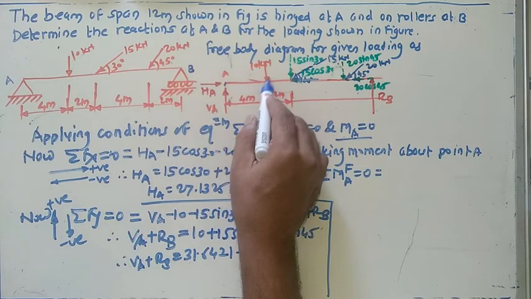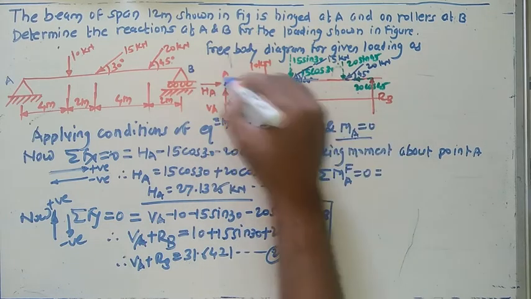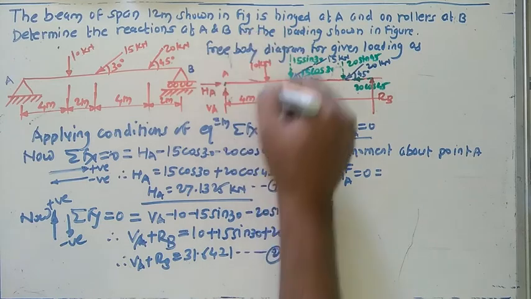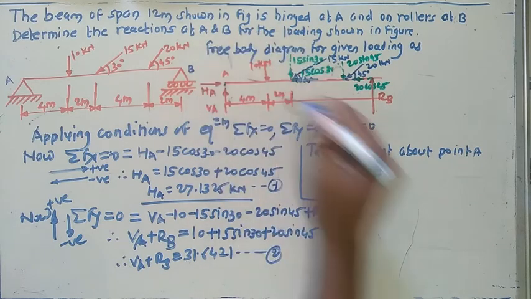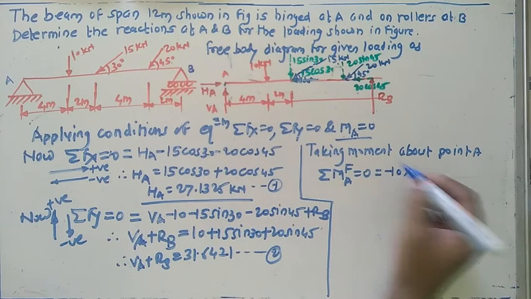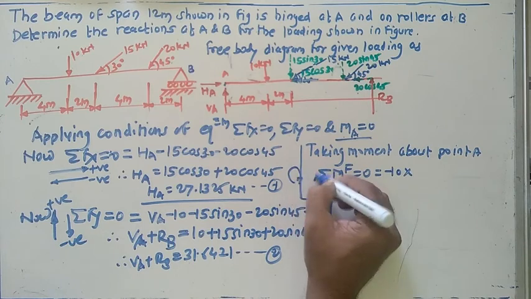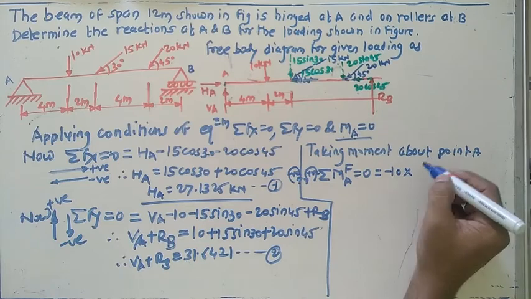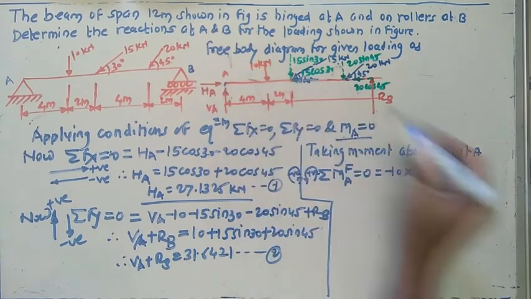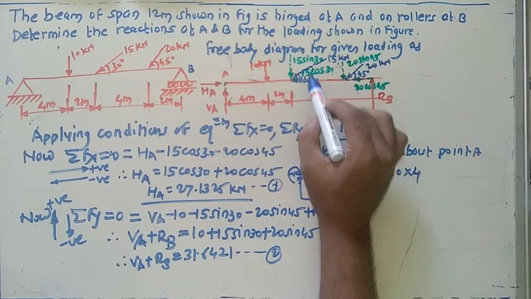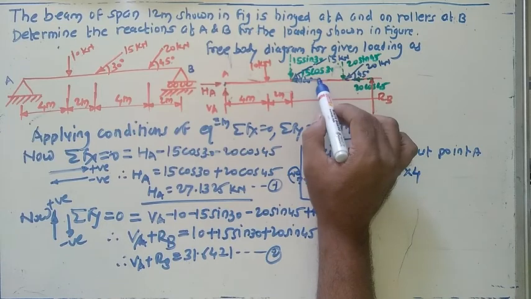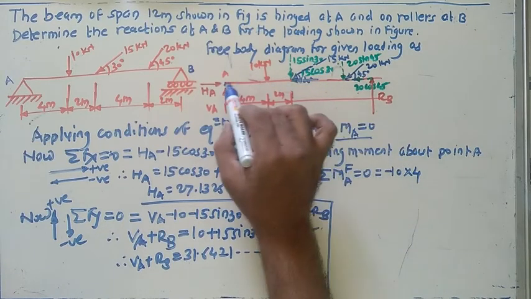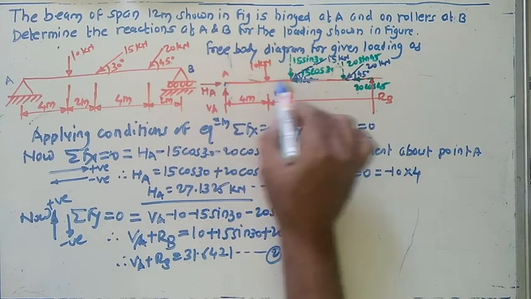Next one is the 10 kilonewton force. Its tendency to turn about this point is in the clockwise direction, so the minus sign. So 10 multiplied by the distance, 4. Next force is 15 cos of 30. Again, the line of action of this force passes through this point, so you have to neglect this force.